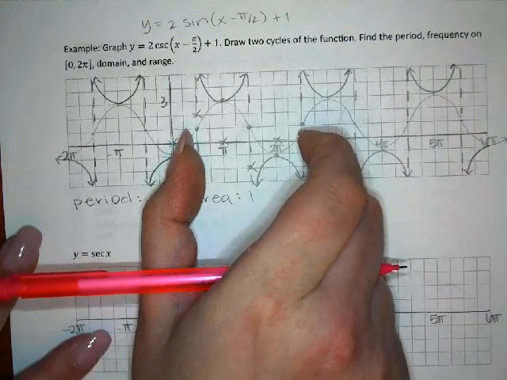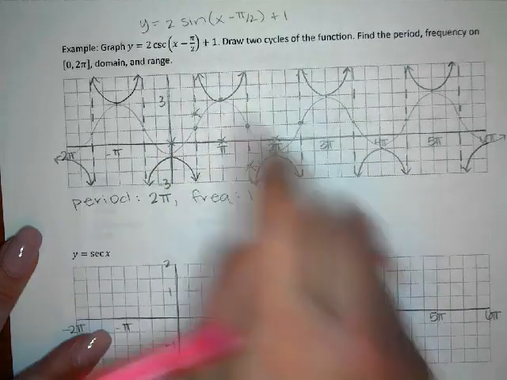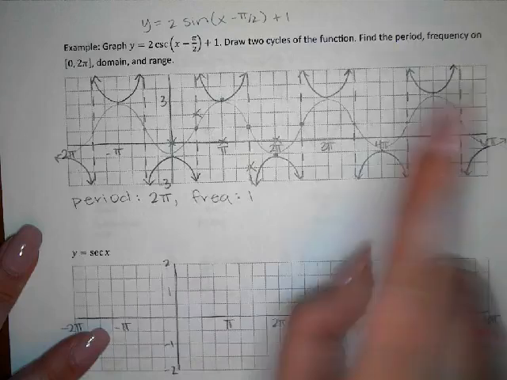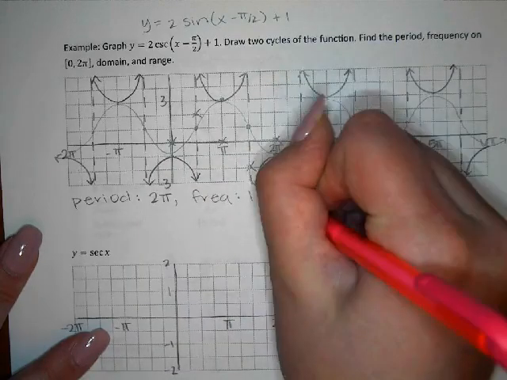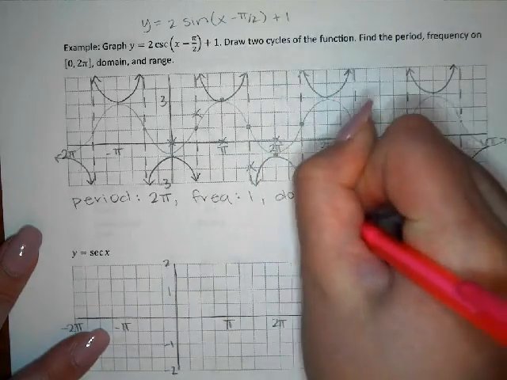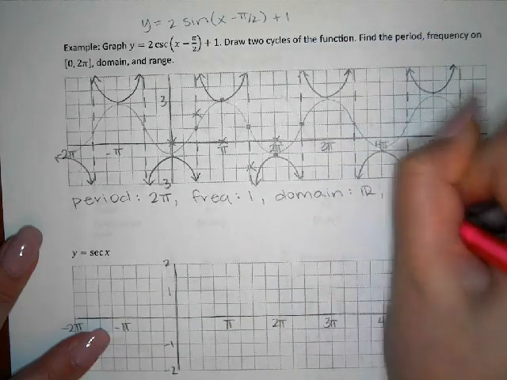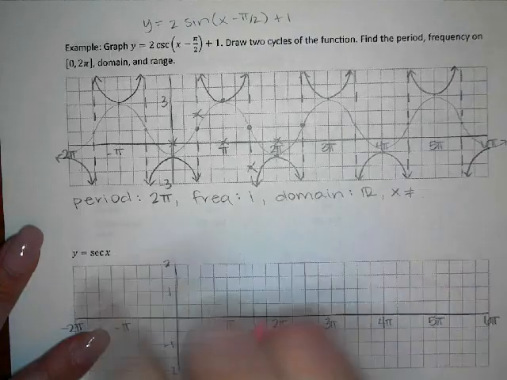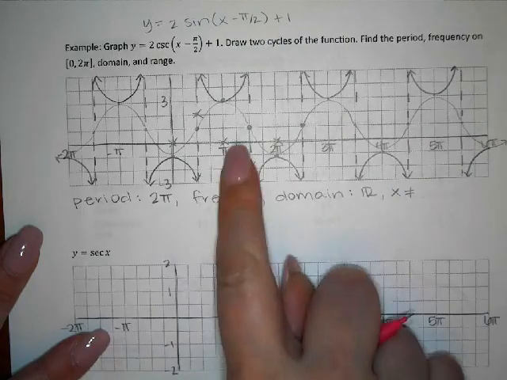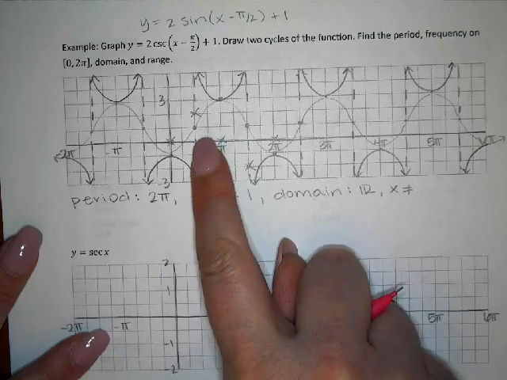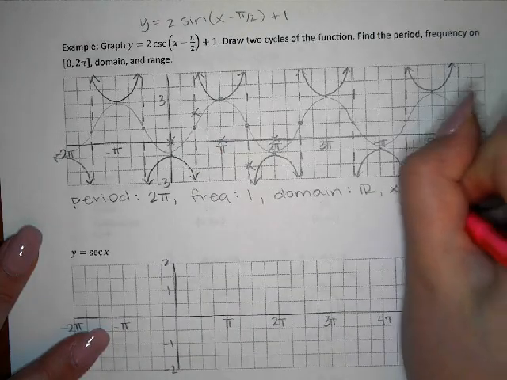The domain, all real numbers, x cannot be. And it looks like if this is pi and here's the asymptote is at pi halves. Pi halves plus, and it's a width of 4 boxes. The width of the vertical asymptotes, how far apart they are from each other, is always half of the period.